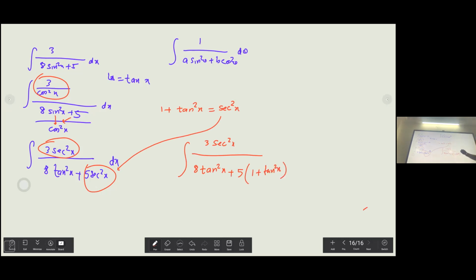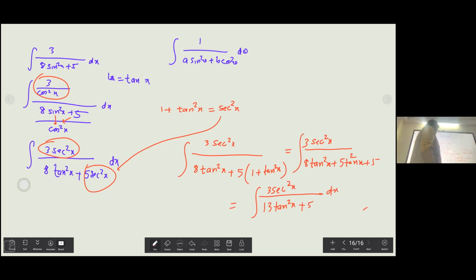So this is going to be 3 sec squared x upon 8 tan square x plus 5 tan square x plus 5. So this is going to reduce to 3 sec square x upon 13 tan square x plus 5 dx.